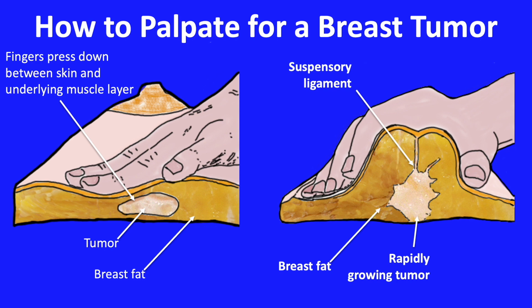Remember, the ligaments extend from the deep fascia to the skin. Hence, if they are shortened by the rapidly growing tumor, there's a chance that the skin is dimpled over the growing tumor. This phenomenon of dimpling can be exacerbated by palpating the breast as indicated in the image.